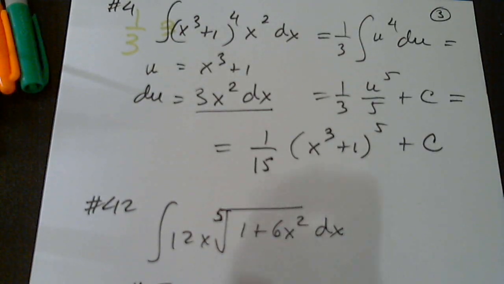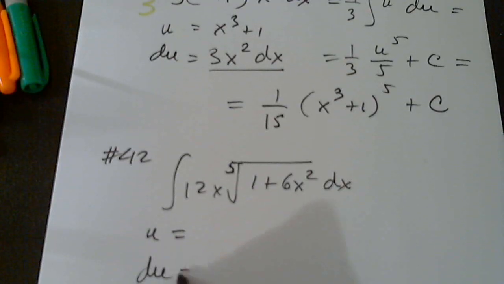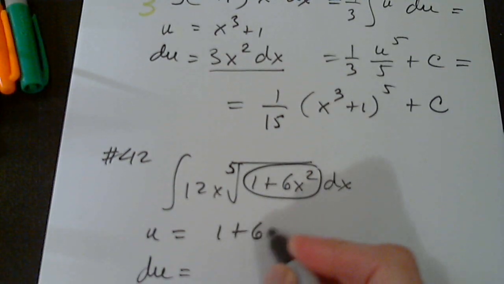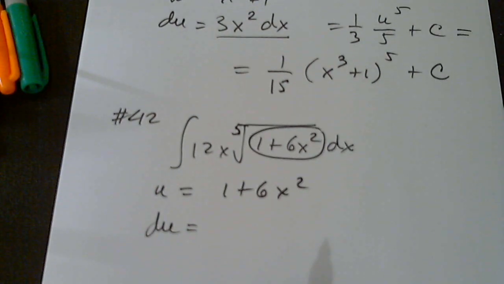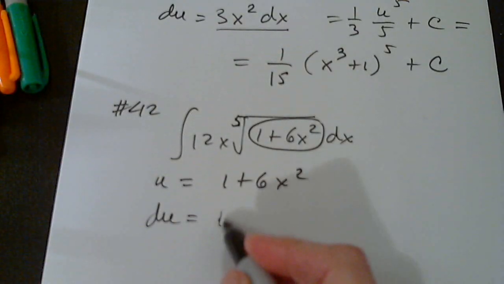So anyone can give us a u and then a du. Is u 1 plus 6x squared? Of course, this is the problem. Yes. So then can anyone give us a du now? Would it be 12x dx?